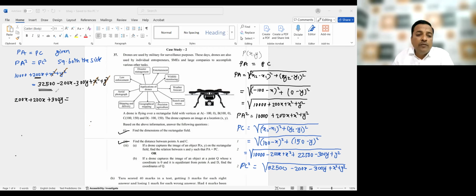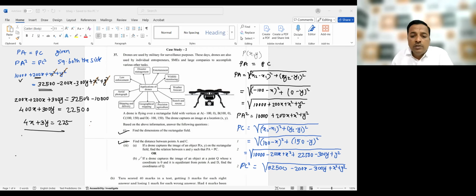On the right side we already have 32,500, and we subtract 10,000 from it, which becomes 22,500. Dividing the whole equation by 100, it becomes 4x plus 3y is equal to 225. The question was to find the relationship between x and y, so this is the relation between x and y. Okay.